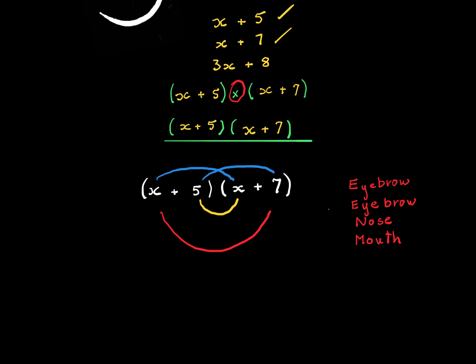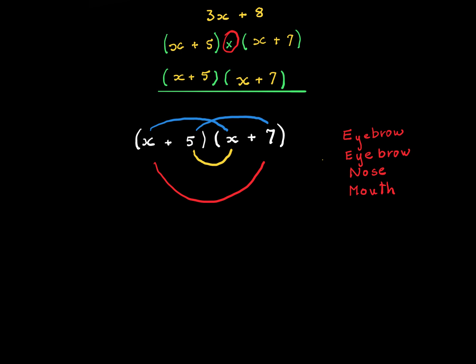And so we'll multiply these terms that are connected together. And so we have x times x, and we'll put them in brackets. And then we'll add the next eyebrow, which is 5 times 7.